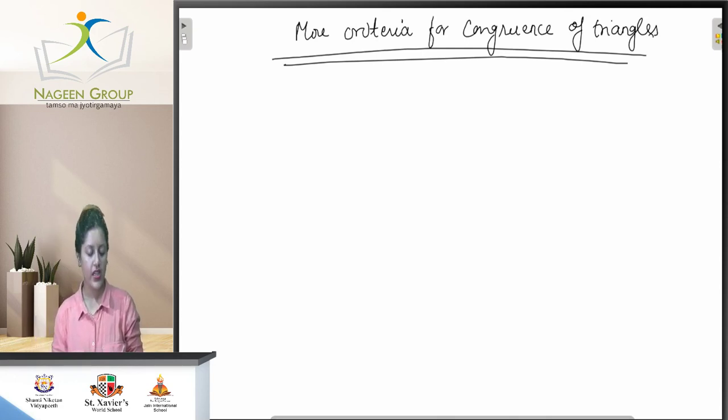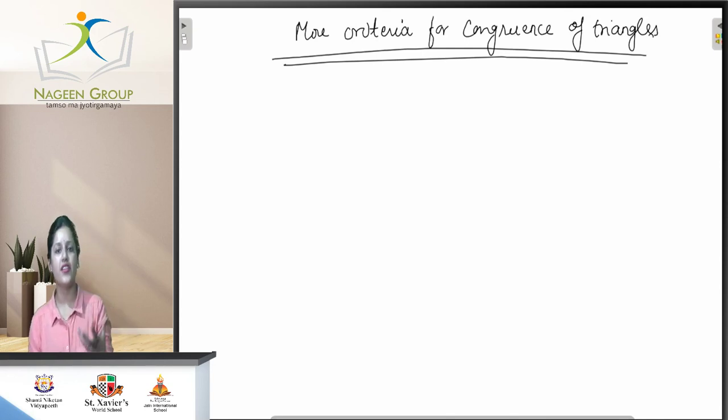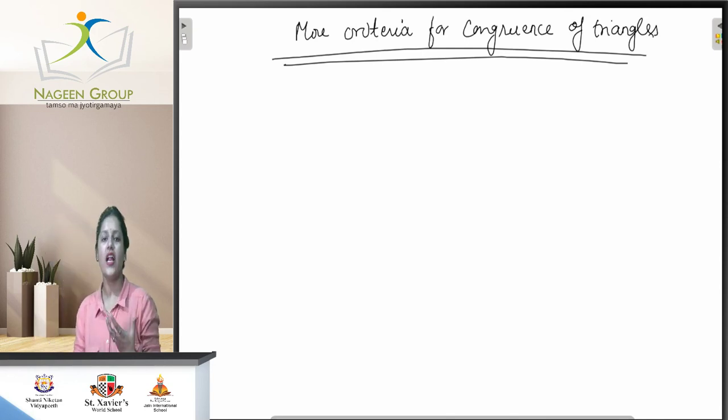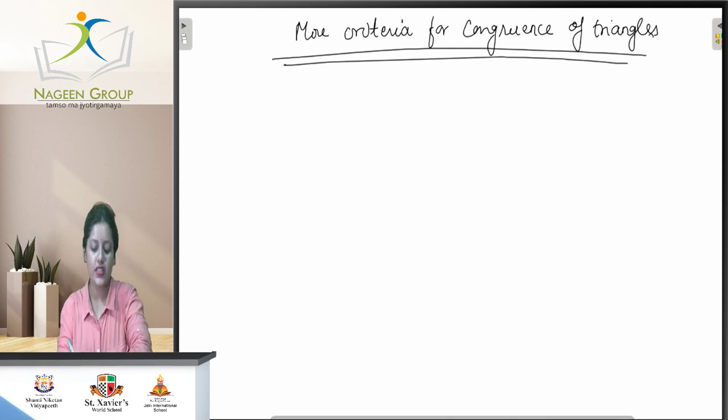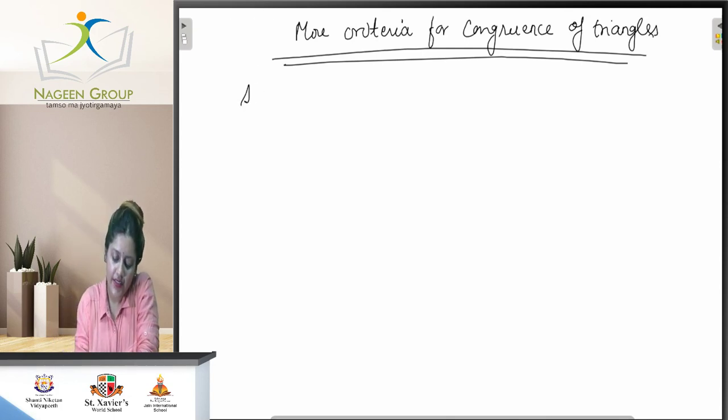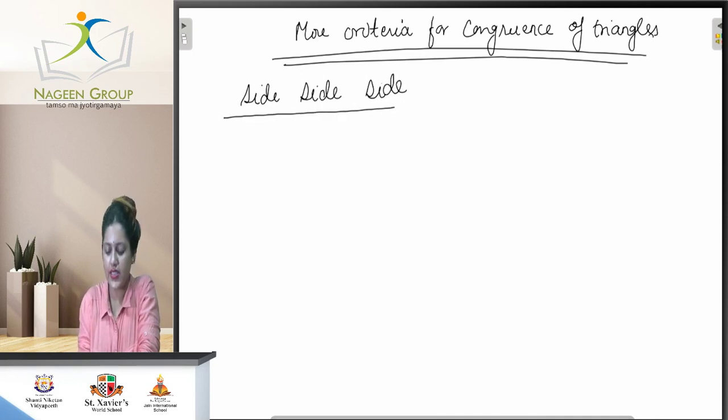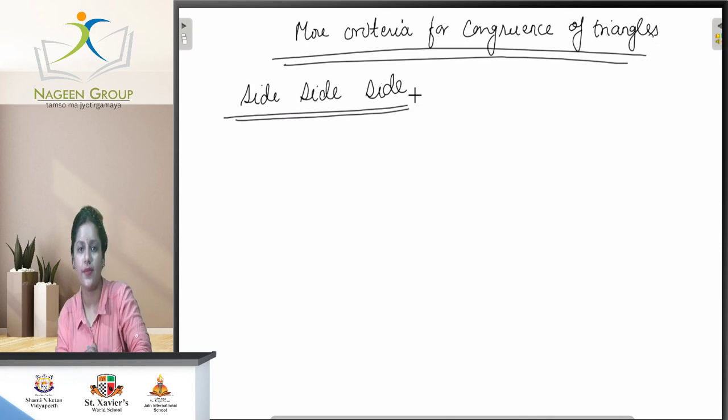The first one is the triple S criteria for the congruence of triangles, that tells us side, side and side. This tells us the side, side, side property.